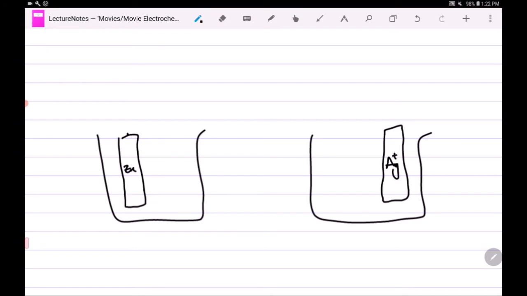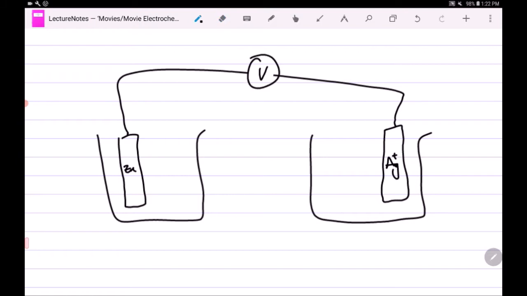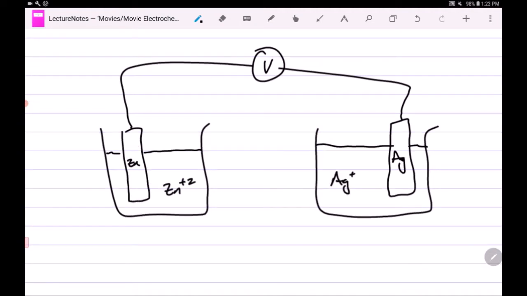If we connect them with a wire, when they transfer electrons, we can make those electrons do work for us when they pass through something. So if we decouple the two reactions, when the reactions happen, they'll do work.